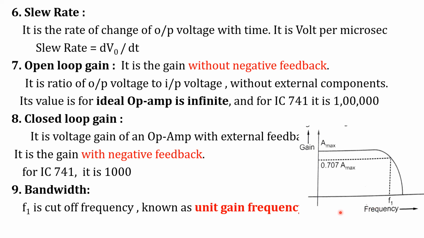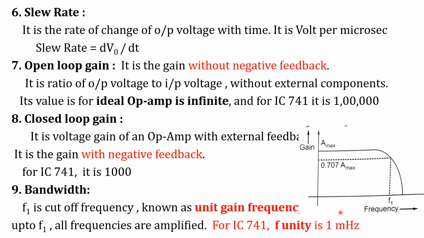Up to F1, all frequencies get amplified by this operational amplifier, and therefore the bandwidth from 0 to F1 is called F1 Hertz.